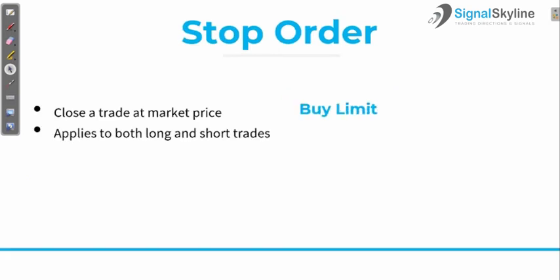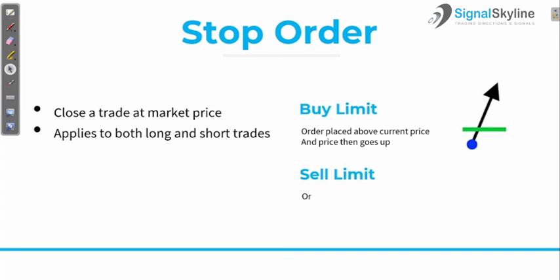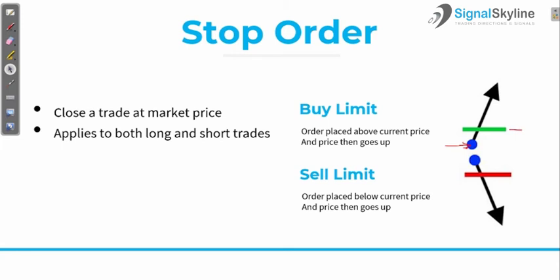The stop order is a buy and sell. It works both ways. For example, your current market price right here is this one, right? So you put a limit order because you don't like this price here. You put a limit buy, like this one here. As soon as the market gets there, you buy, you are entered here.